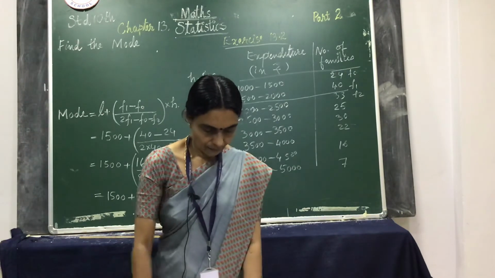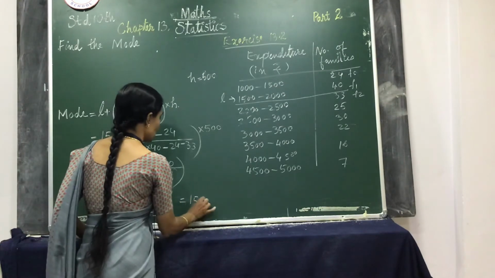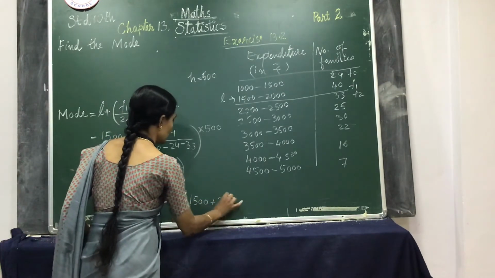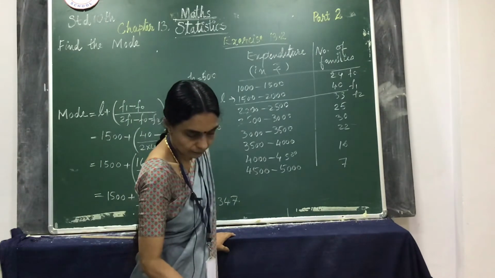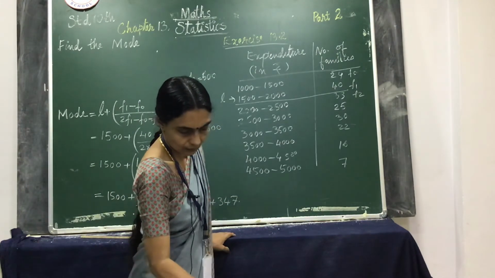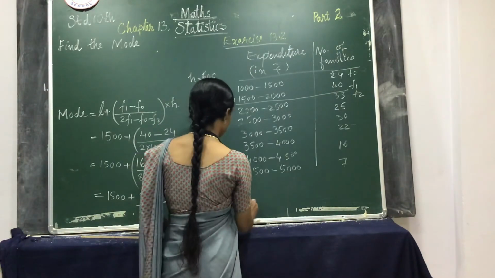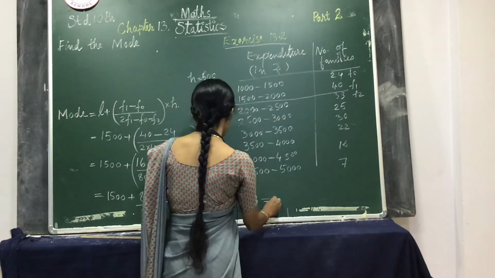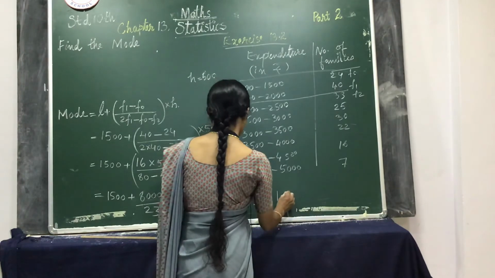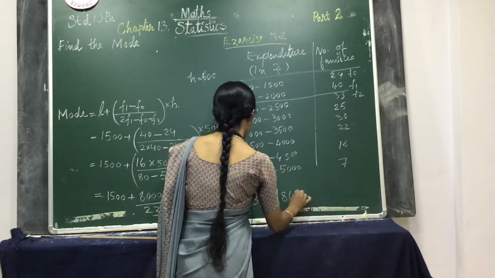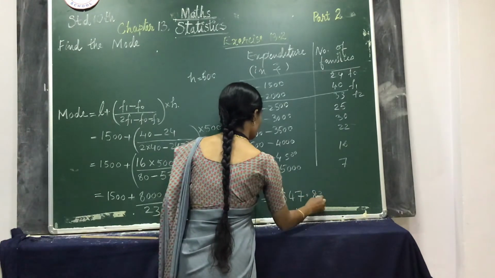It is 347. So 1500 plus 347.83. So adding, we have 1847.83.